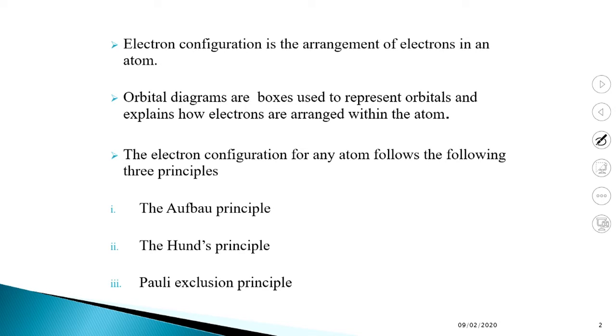But in an orbital diagram, orbitals are represented by boxes, and electrons are represented by arrows, which are arranged within the atom.